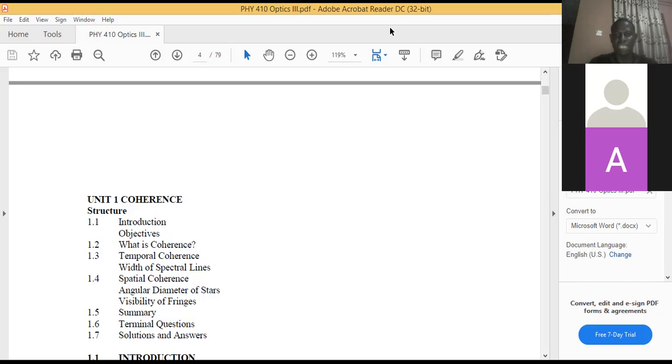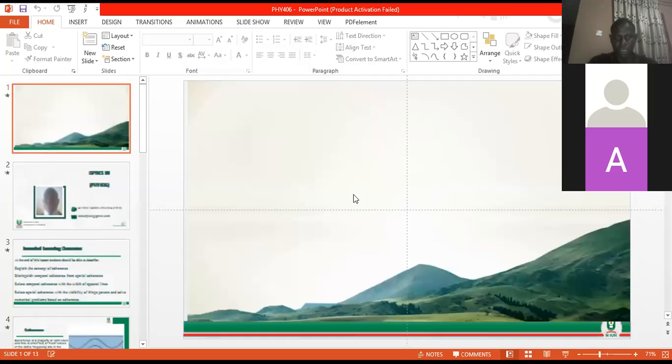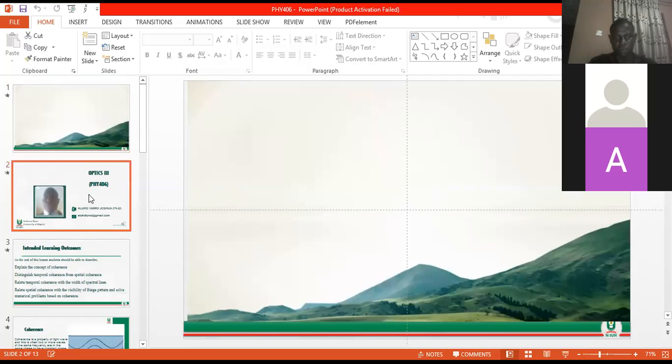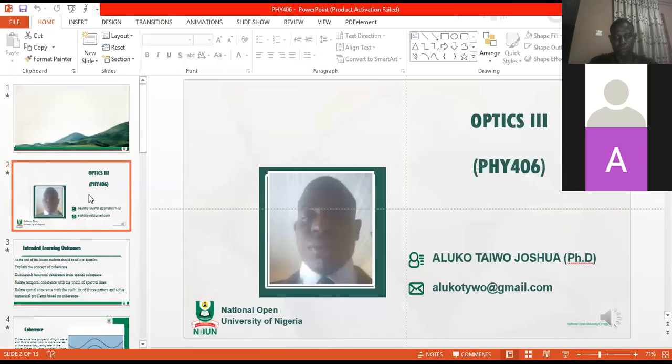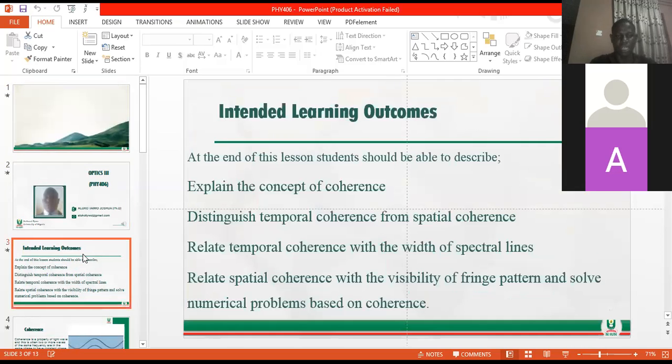So briefly, let me stop sharing this and bring up the slide. Okay, I have it here. Still loading. So PHY406, the topic we are learning today is coherence.